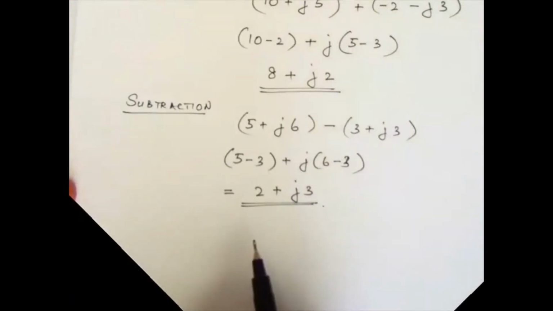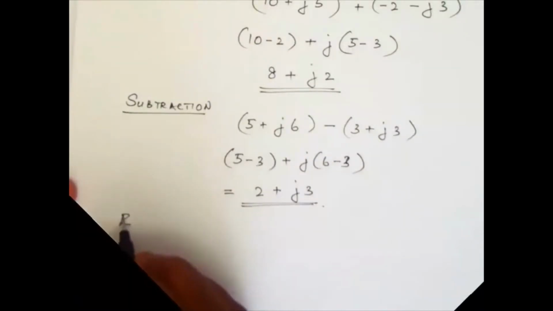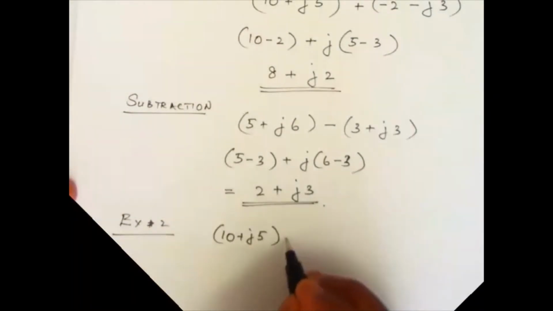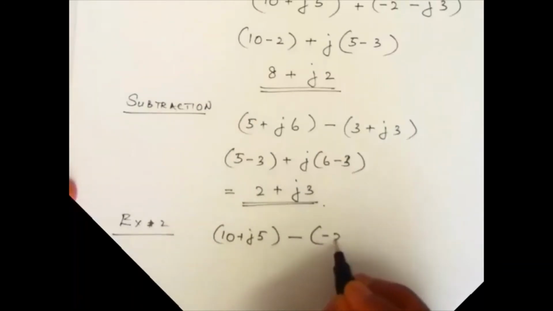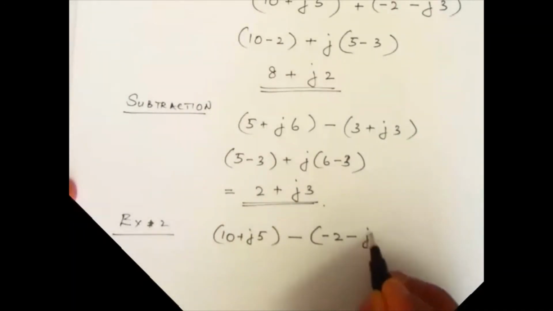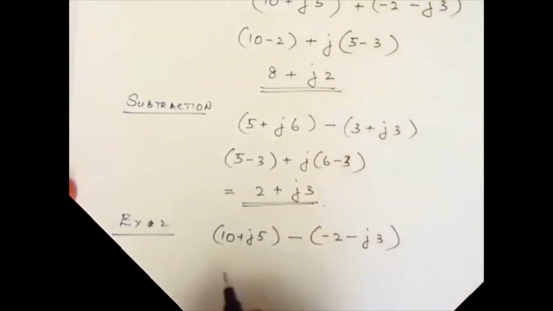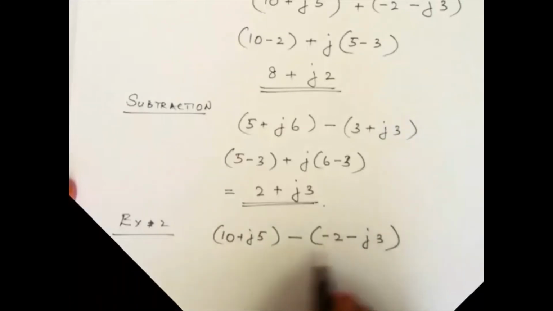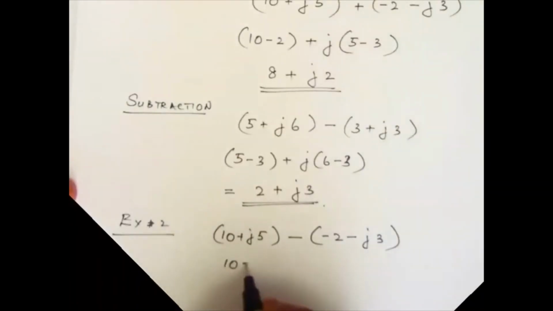And then we will do another example. Example number 2. I will take these two from the addition example. So 10 plus j5 minus (2 minus j3). Since there is a negative sign in front and a negative sign inside, let's open the brackets so that we will not mix this up.